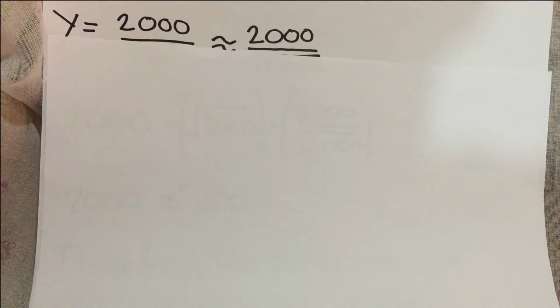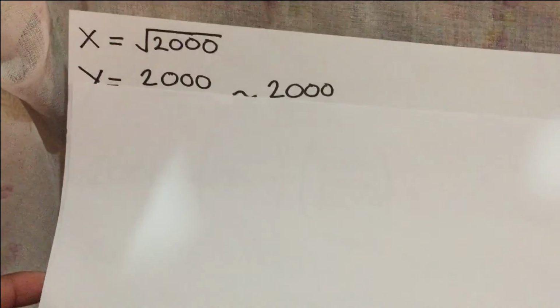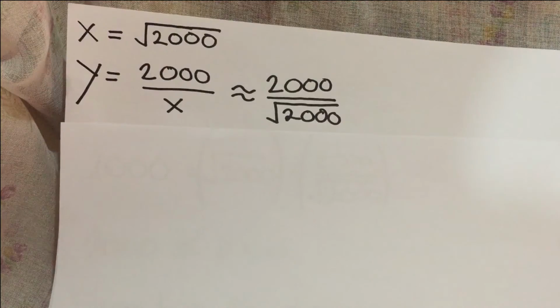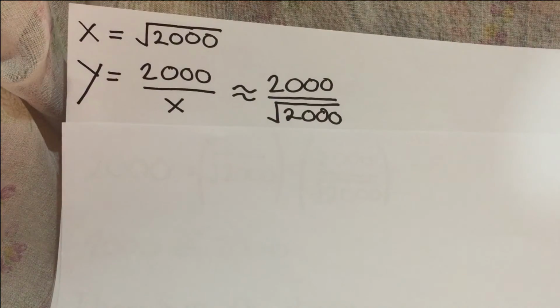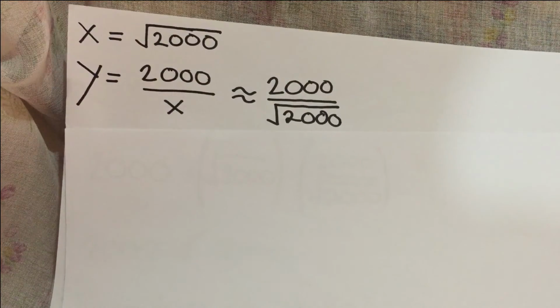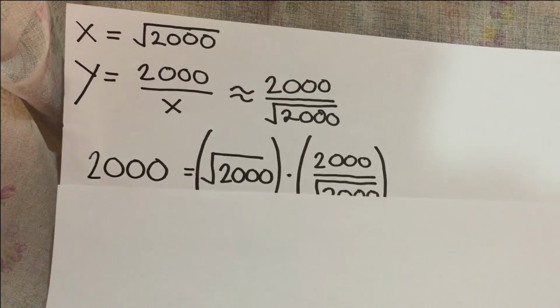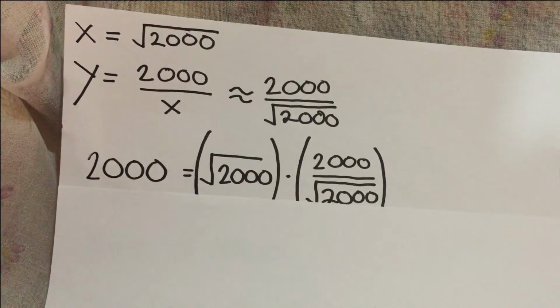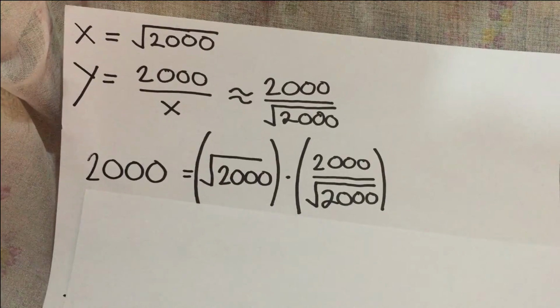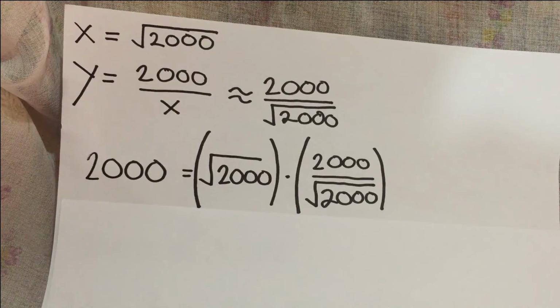So we now have the value of x and y, so we must substitute it to check the constraint: 2000 equals the square root of 2000, which is x, multiplied by y, which is 2000 over the square root of 2000.